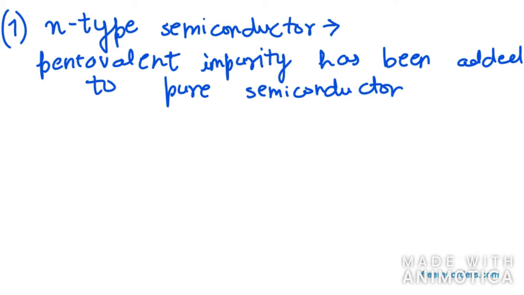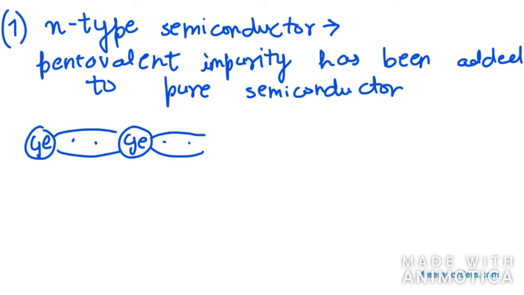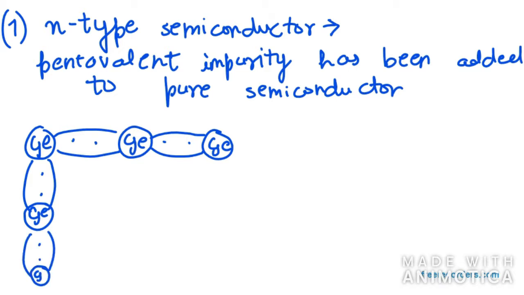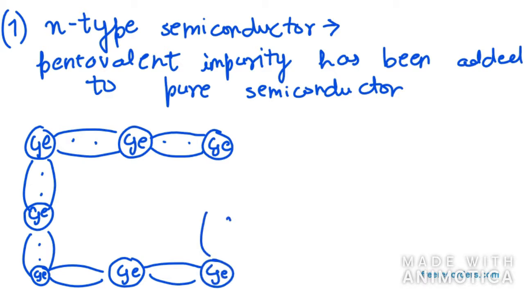So in this case, let us draw a simple diagram of germanium first. If I make all the elements germanium here, then it will be a pure semiconductor.